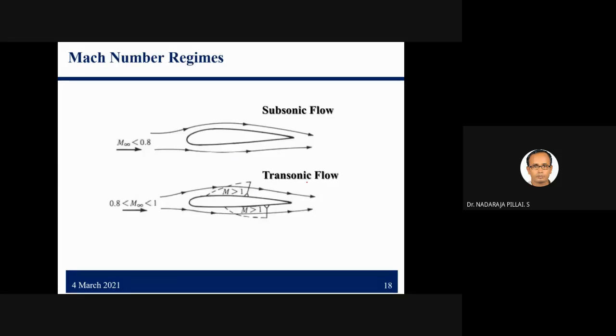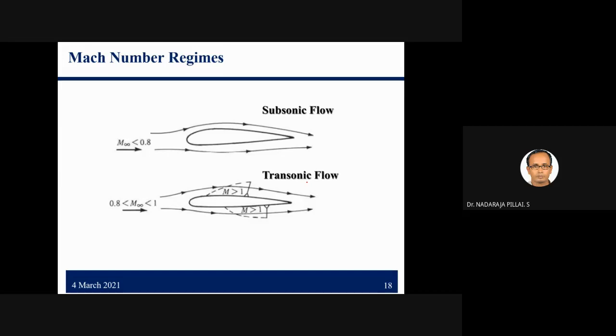Okay, now, we had a discussion before on Mach number regimes, but I would like to revisit it once again, because in certain cases we need to consider both supersonic and subsonic, supersonic and transonic, and so on, right?